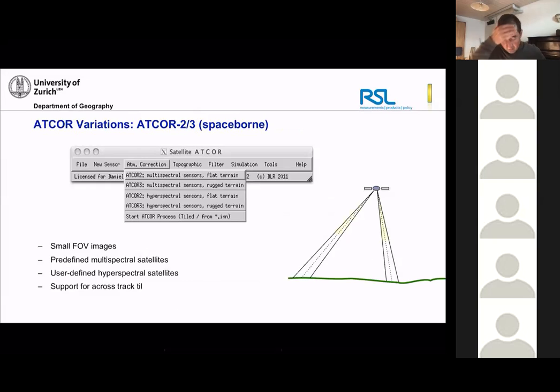Here is just the ATCOR variations. You will be working with ATCOR 4 afterwards, the airborne version. The satellite version has the 4 modules for multispectral and hyperspectral data and for flat and rugged terrain. So the assumption here is that you have a small field of view. This means within the field of view, we assume only one direction.